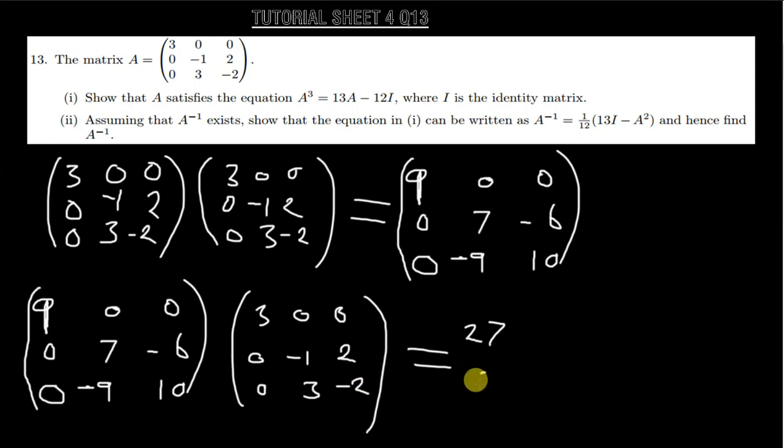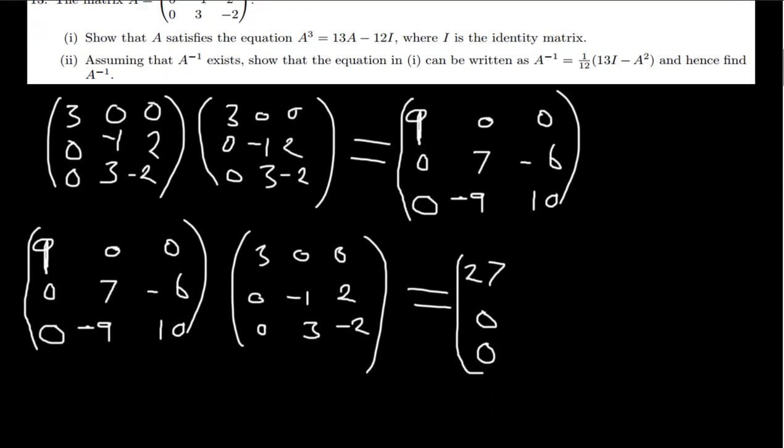So meaning here I'll still get a 0. And then I move on to the last part here. 0 times 0, 0 times 3, I'll get a 0. And then negative 9 times 0, 0, 10 times 0, I'm still getting a 0 there. So this is the matrix that we're finding. Let me just move it a bit like this.